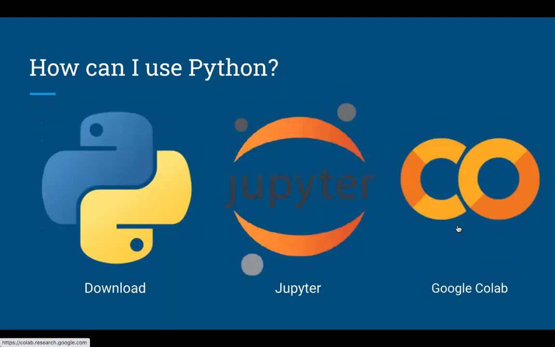There's a couple different ways you can access and use Python. One such way is to download it directly onto your computer. I have links for each of these icons here, and I can send those in the chat later. One is to download it through the Python website. One is to use Jupyter Notebooks, which is very similar.